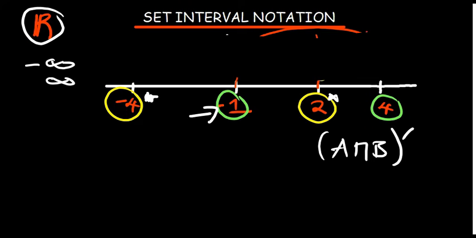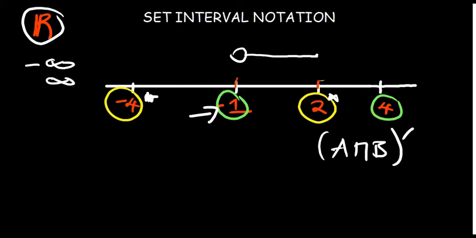Okay, let's consider it. Notice that we found our A intersection B to be from -1 to 2, and our answer was -1 to 2. So -1 is shaded, 2 is not shaded. If this is our A intersection B, now they want us to find the complement of it.